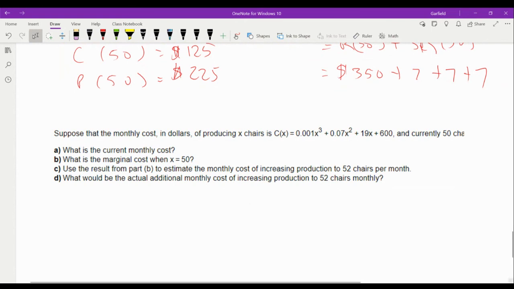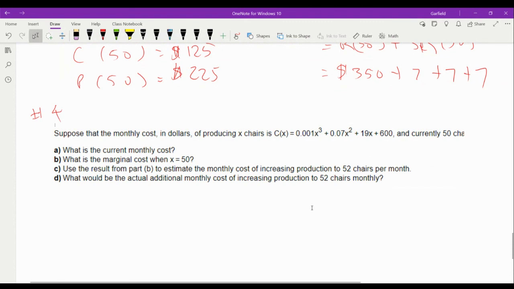All right, so here is number 4, I think it is. Let's make sure. All right, let's do this one. Suppose the monthly cost in dollars of producing x shares is given by C of x, where C of x is equal to 0.01 x to the third plus 0.07 x squared plus 19x plus 600.